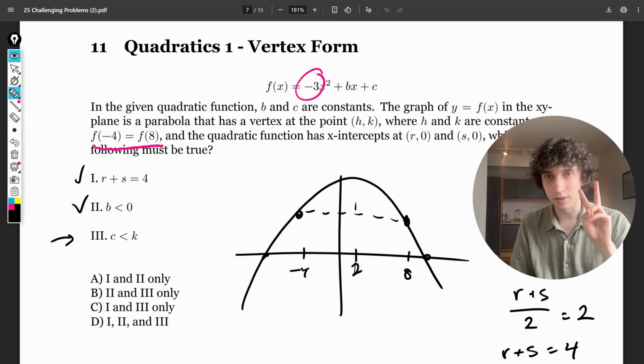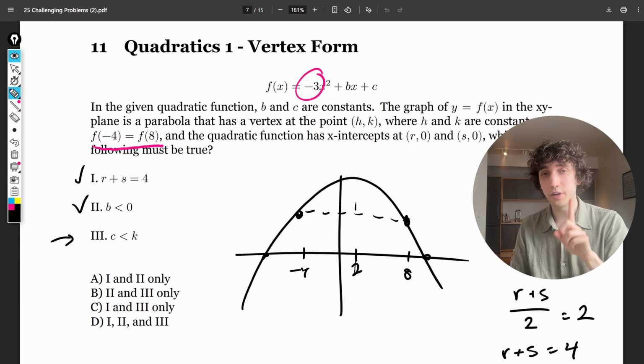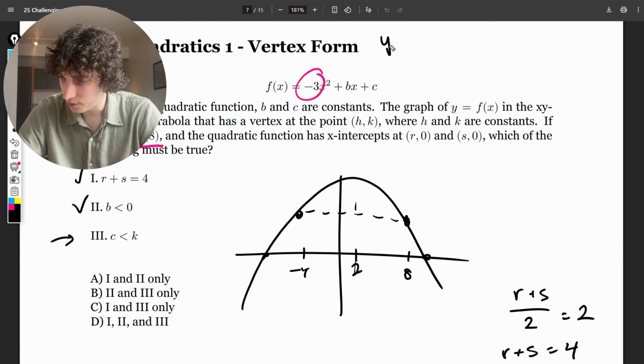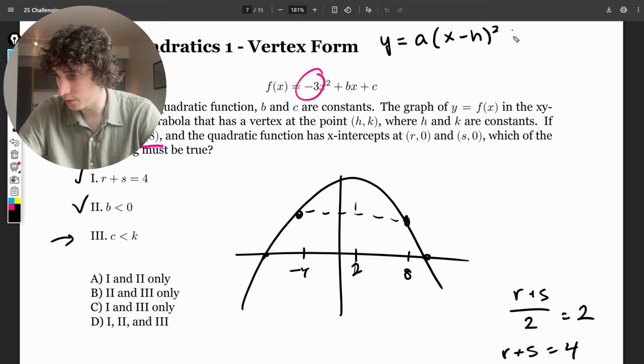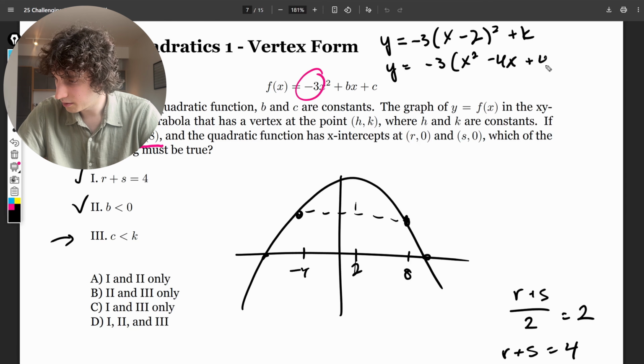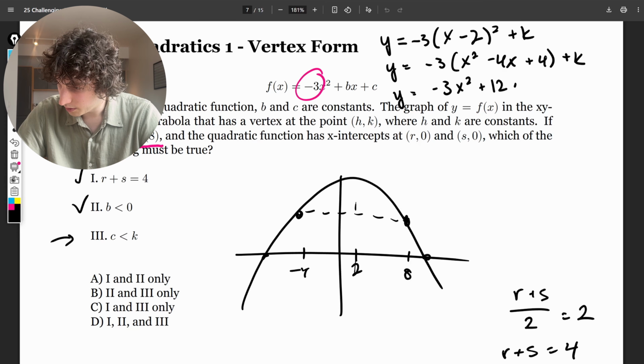There are 2 ways that you can think about this. The first one is getting a very concrete answer using vertex form. And the way that we can do that is writing this equation in vertex form. Vertex form is a times x minus h squared plus k. So we can plug in our a and plug in our h. And then if we multiply all of this out, we get -3 times x squared minus 4x plus 4, plus k. This is -3x squared plus 12x minus 12 plus k.